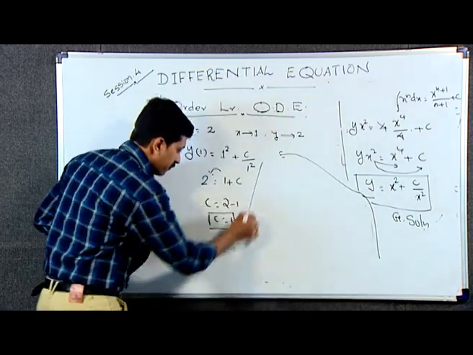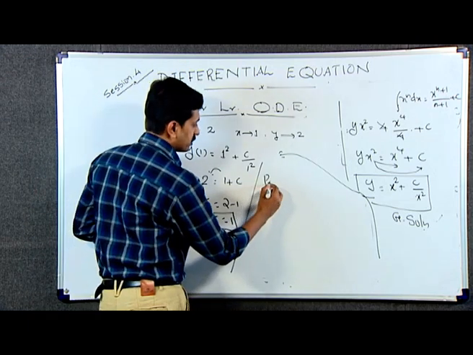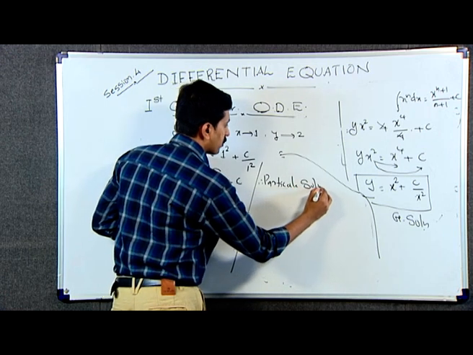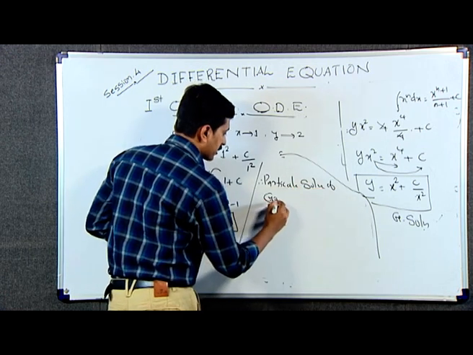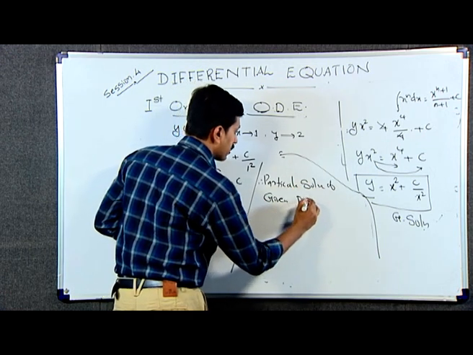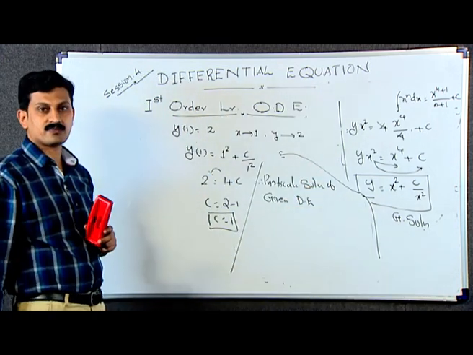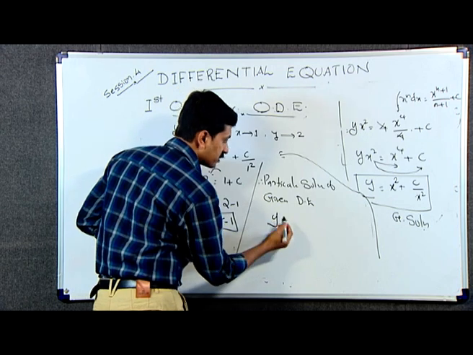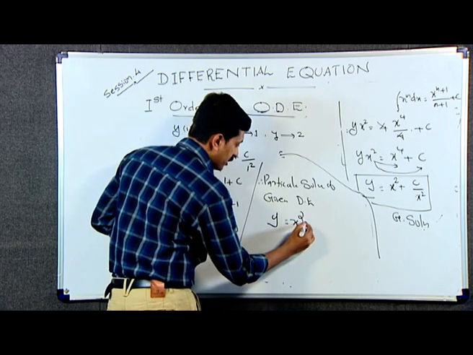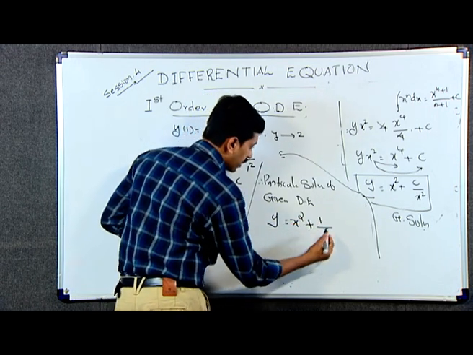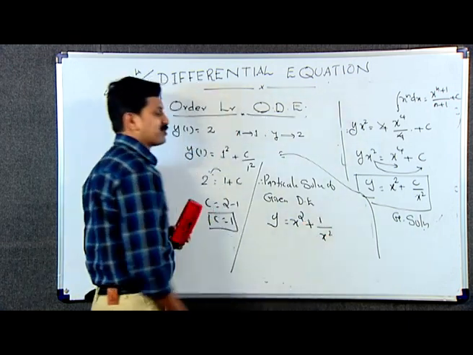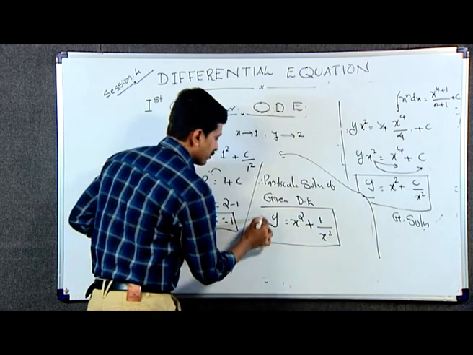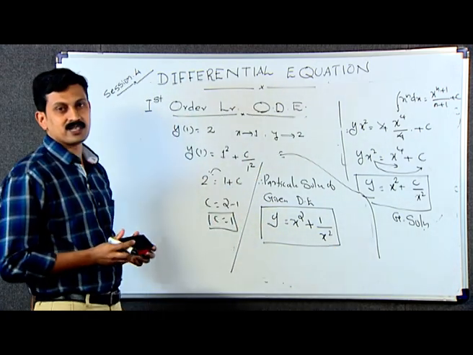That is why the particular solution of the given differential equation is y is equal to x square plus 1 by x square.